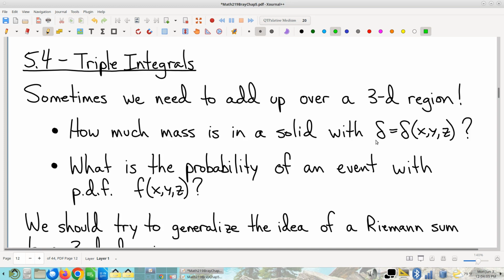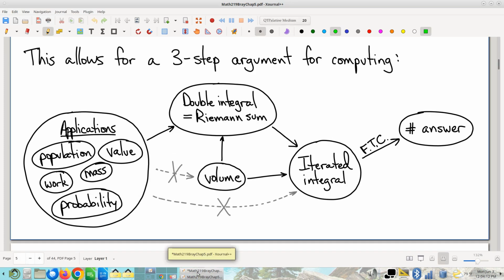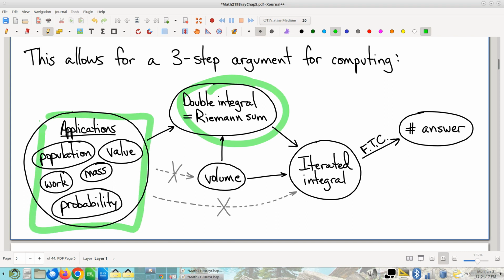Reminder with double integrals: the whole point to double integrals, in fact, I have the little diagram right here, was that it was a way that I could take two-dimensional problems, stuff that's distributed over two-dimensional regions, or that I think about in terms of two-dimensional regions, volume sitting over a two-dimensional region, whatever the case may be, and chop up the two-dimensional region into little pieces and add up all the pieces over the two-dimensional region.